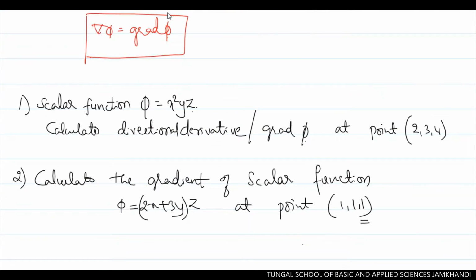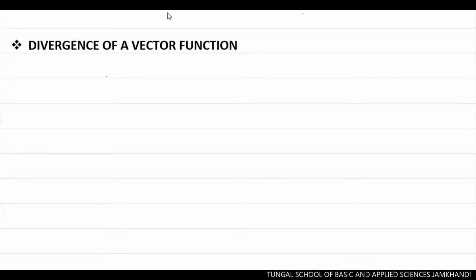So in this lecture we are going to discuss the divergence of a vector function. Divergence of a vector function, right? So now, what exactly do we mean by a vector function?